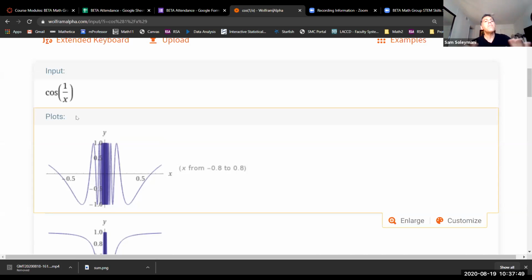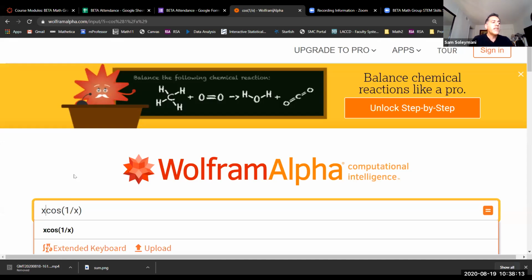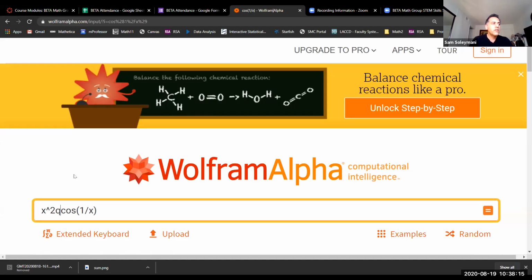No matter what is inside of it, cosine doesn't go beyond 1 and -1. It's just bouncing back and forth, and it bounces rapidly when you're getting close to zero. Okay. Now, when you multiply that by x or by x squared, then it's going to get sandwiched.